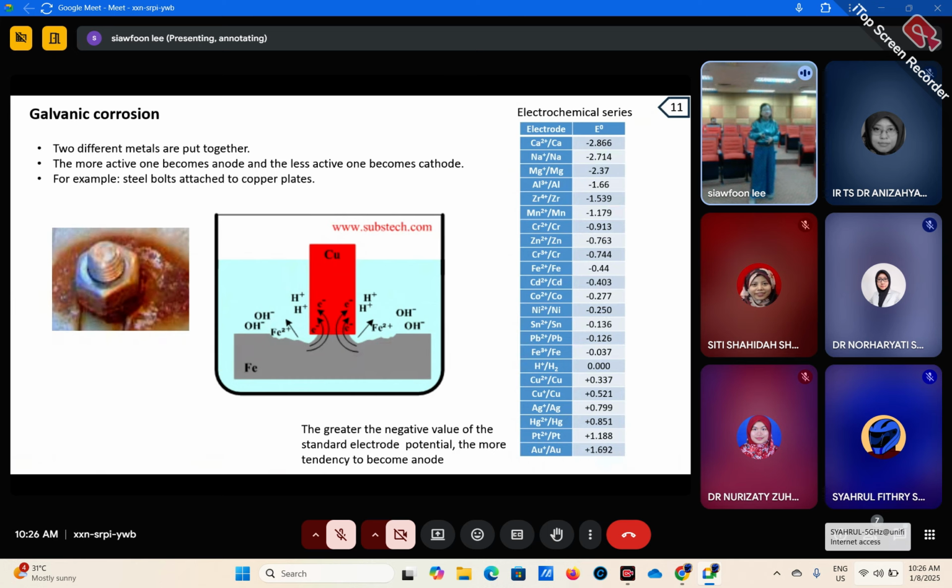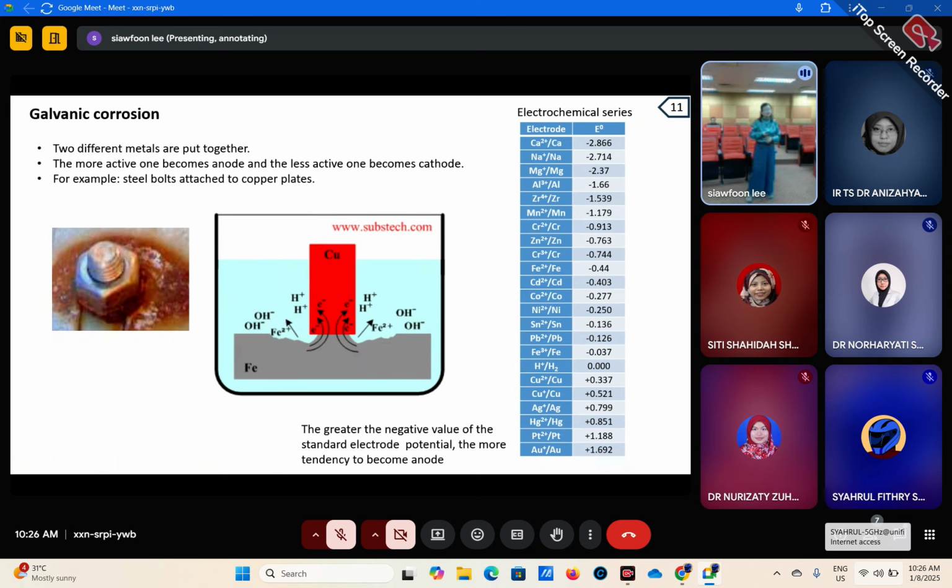Okay, ferrous and the copper. Because ferrous has a standard electrode potential more negative than the copper, because copper ion to the copper coupon is positive, and this iron atom to the ferrous ion is negative. So this ferrous will get dissolved easier than the copper.